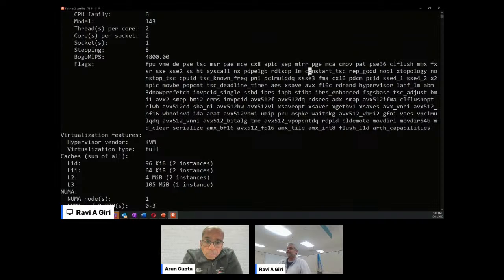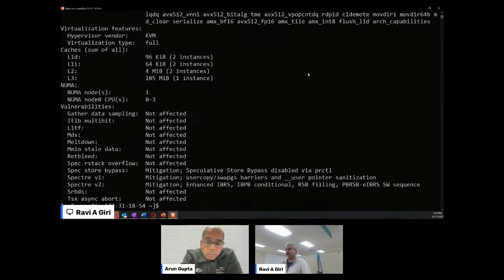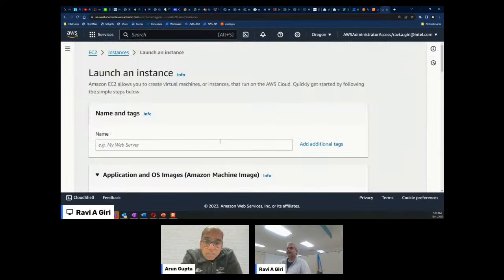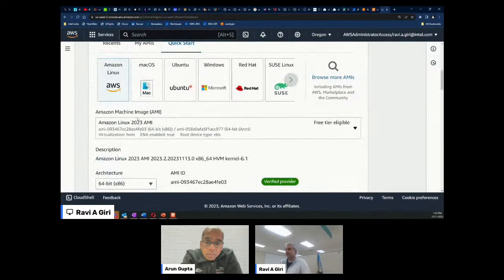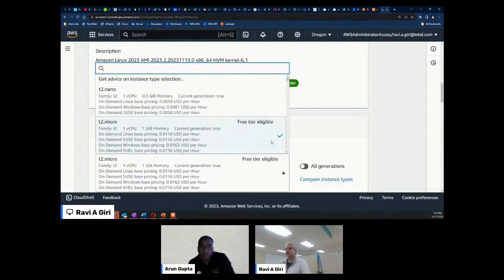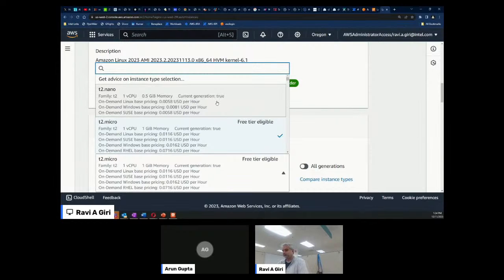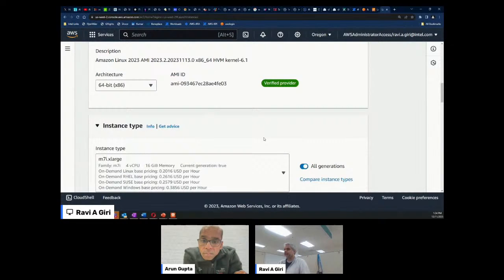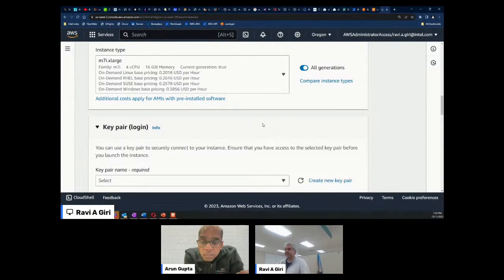And if I look at everything, memory and so on. But I think just to launch another instance, I'll pick the same machine image, but this time I will pick an m7i, just an m7i.xlarge, just like the Flex.